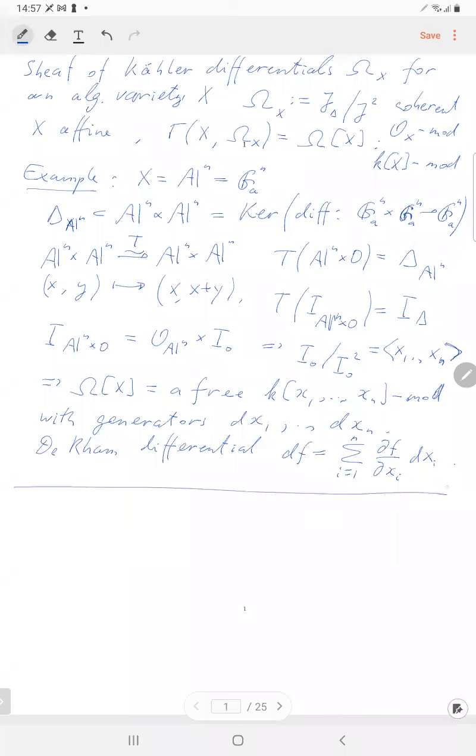Okay. So last time we started with some basic properties of the Kähler differential, say in the affine case. And these were, first, the constants were annihilated by the Kähler differential.